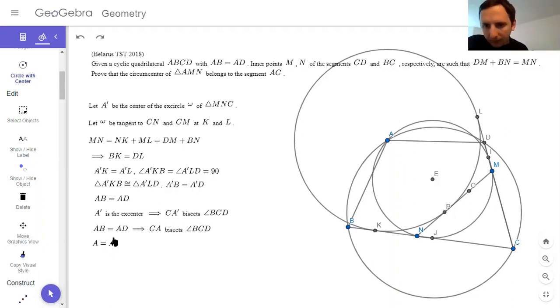I know I had an idea. So I think we want to show triangle ENI is congruent to triangle EMI.